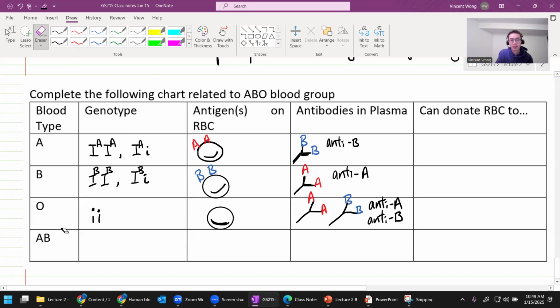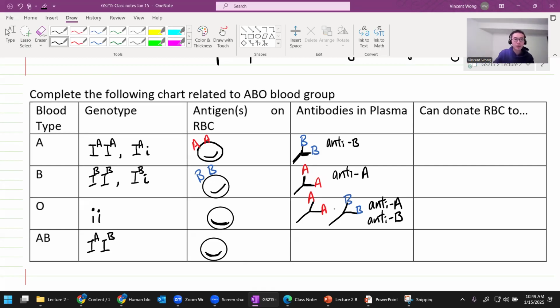How about the last column here? Type AB blood. That's IAIB. That's the only genotype. And what kind of red cells will you have? What's on the surface?